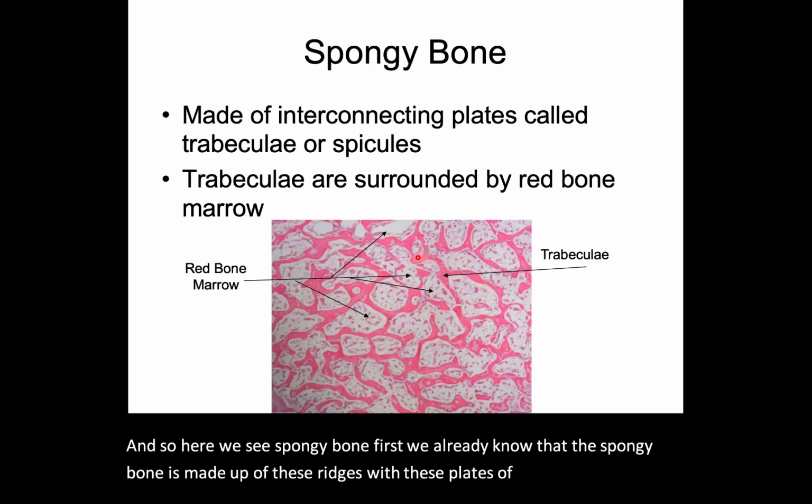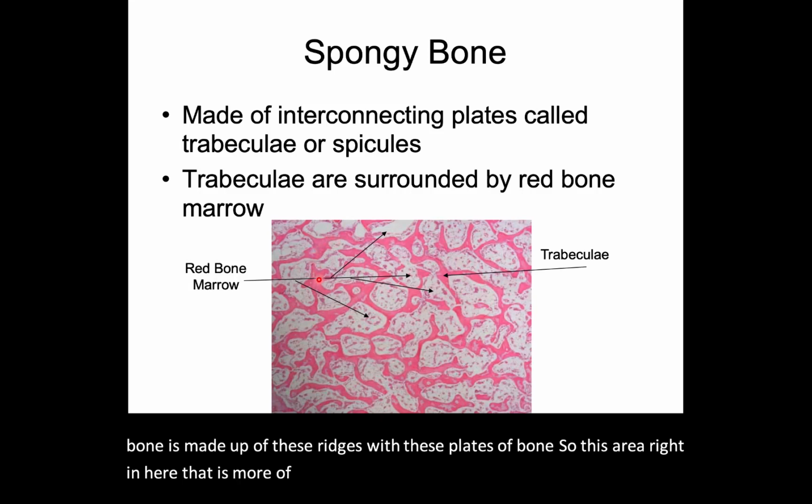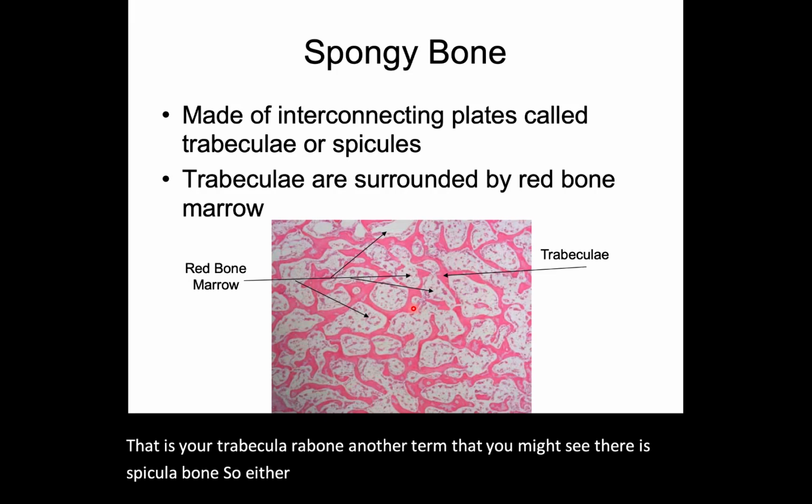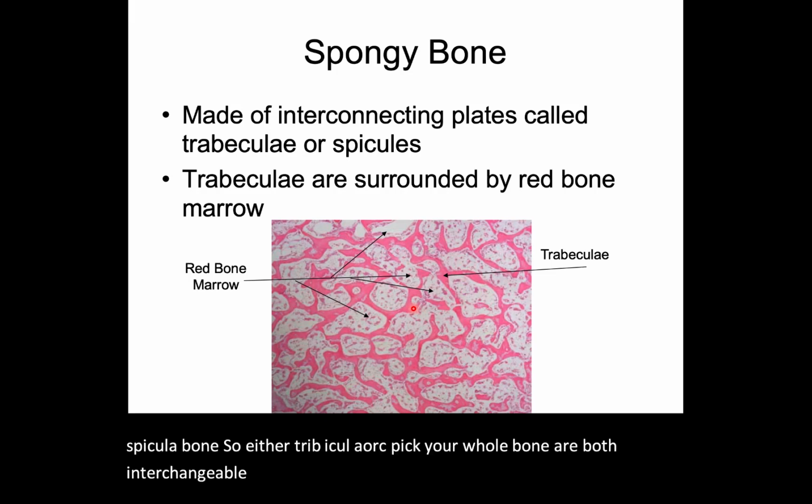And so this area right in here, that is more of the pink stained tissue, that is your trabecular bone. Another term that you might see there is spicule bone. So either trabeculae or spicule bone are both interchangeable, as well as spongy bone.